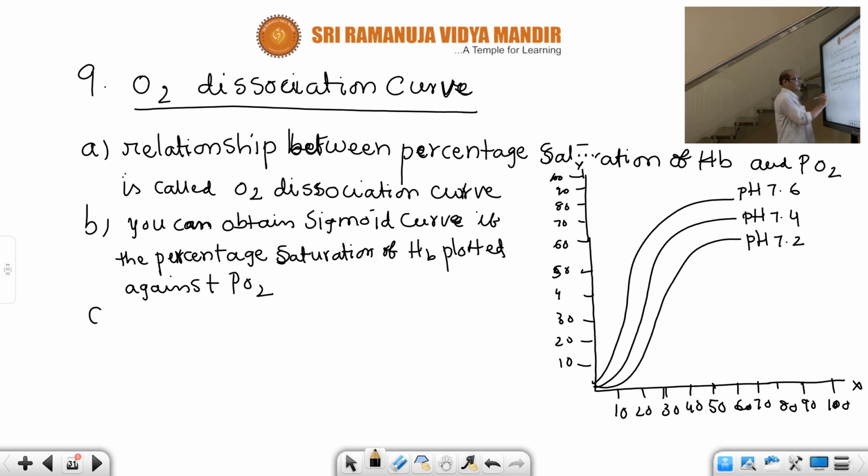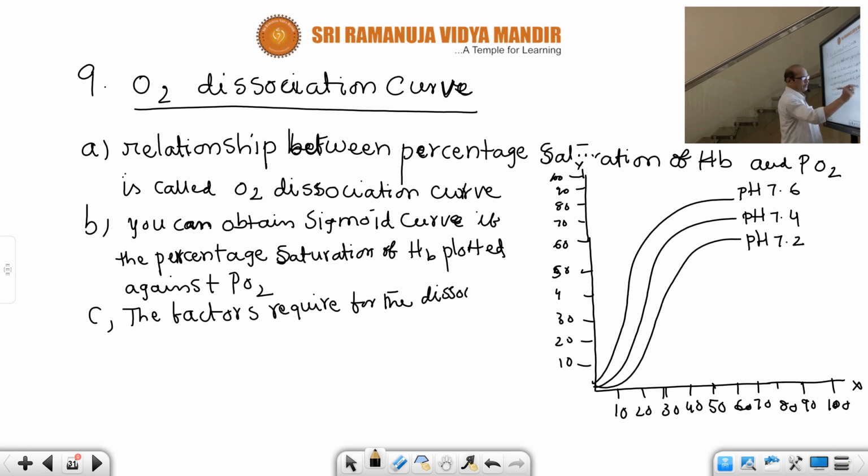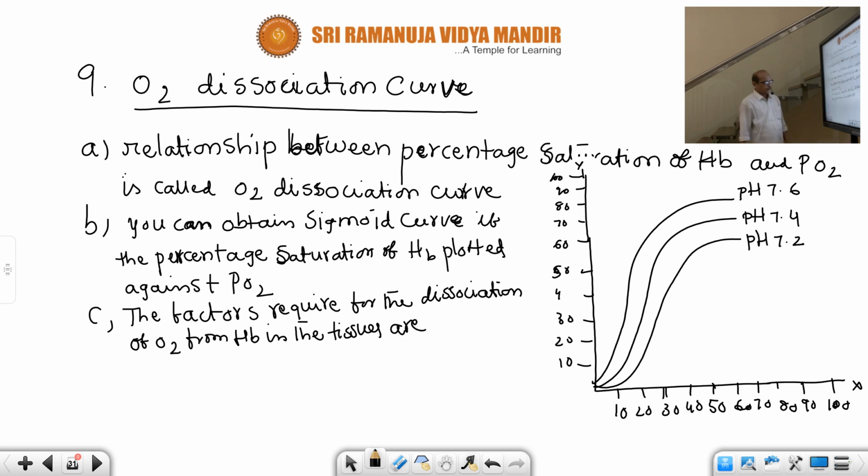So the factors responsible or required for the dissociation of O2 from hemoglobin in the tissues, previously in the alveoli, are these, one by one.